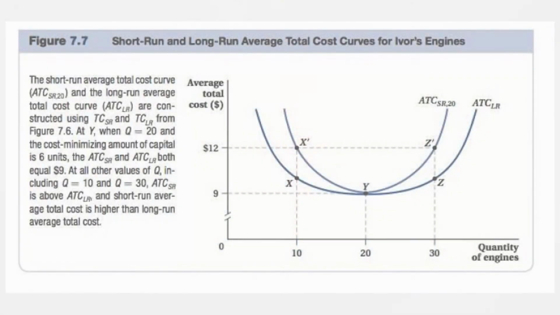That makes sense because you can optimize all your inputs. One of the tricks about fixed costs is that you can't optimize on that input. Once you decide where you are, that's it. It's fixed. So this is another way of showing you the rate of return to making good decisions, which is what we're trying to get out of this course. Then they graph the relationship between short run and long run costs. You should learn that.